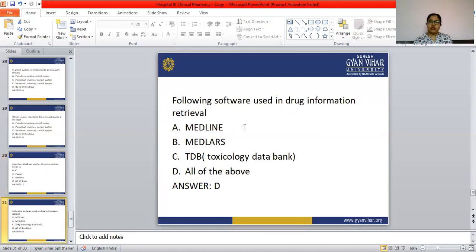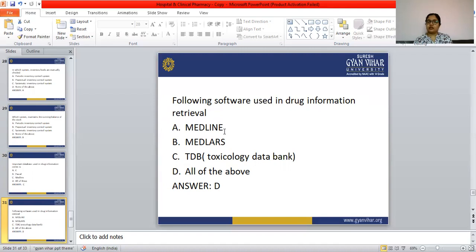Following software is used in drug information retrieval: Medline, Medlars, TDB, that is Toxicological Data Bank. In that Toxicological Data Bank, almost all the study of toxic items is present, and all of the above.